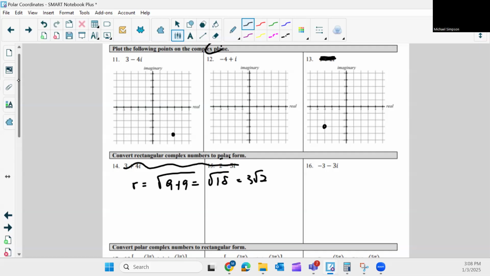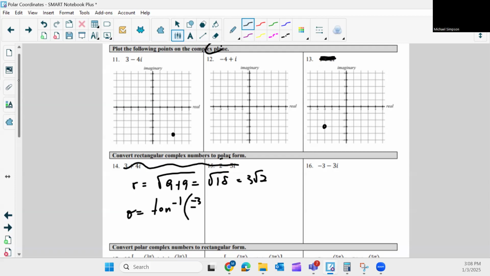My angle now is going to equal the tan inverse of y over x, which is negative 3 over negative 3. Now, this gives you a positive number, right? It's going to be positive. So therefore, let me do this real quick. Just want to make sure.